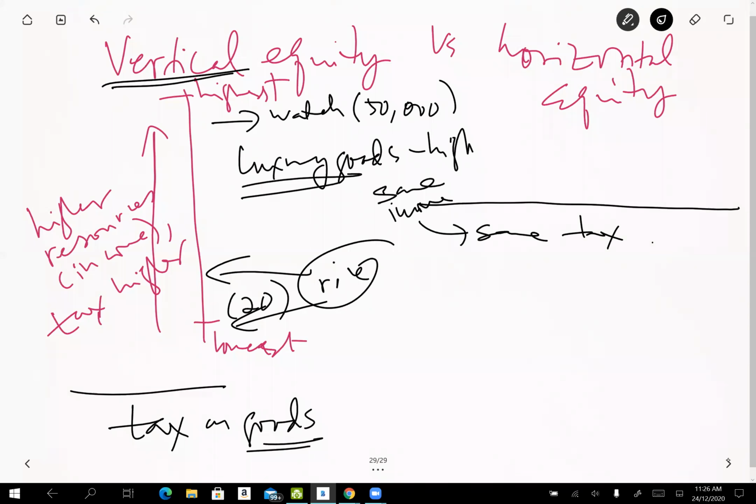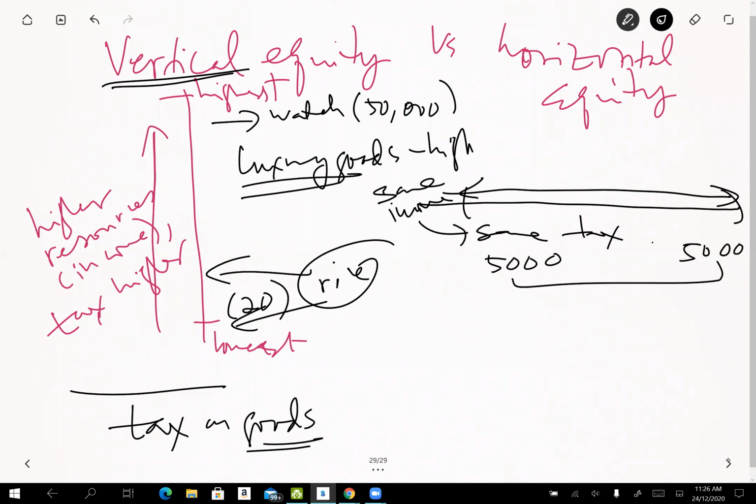So that is horizontal equity. If one person's income is 5,000 and the other person's is 5,000, same income, you pay the same tax.